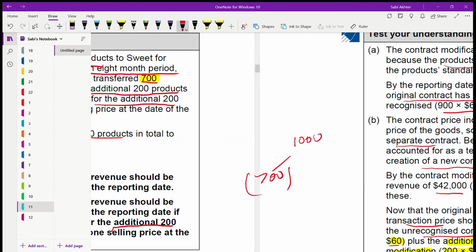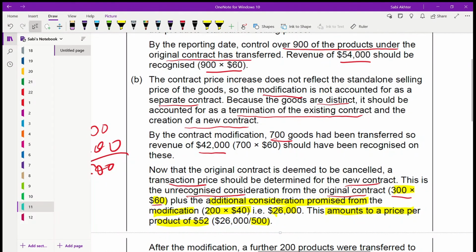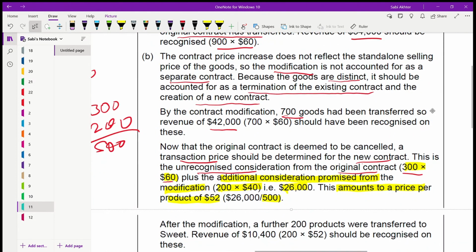You are left with 300. Now you have additional 200 after modification. So this 300 and this 200 will give you 500. Understood? So at the date of the modification, if you want to find the price per product, how many products? 500. Price is 26,000 divided by 500 products. So price per product will be 52.